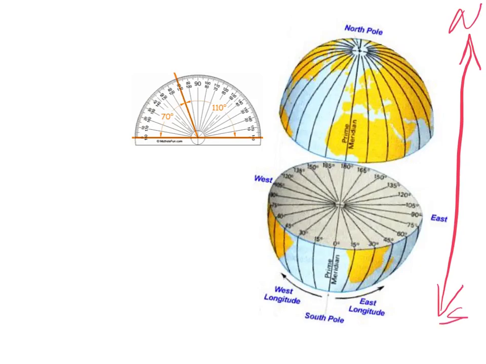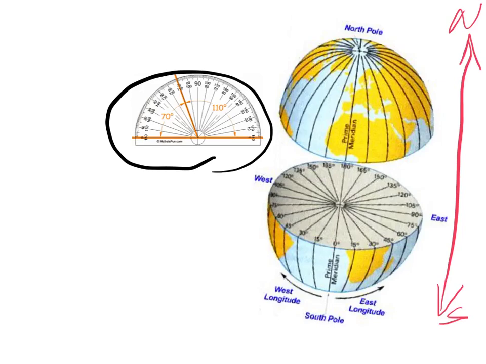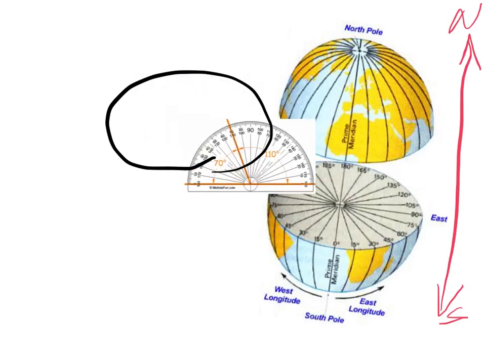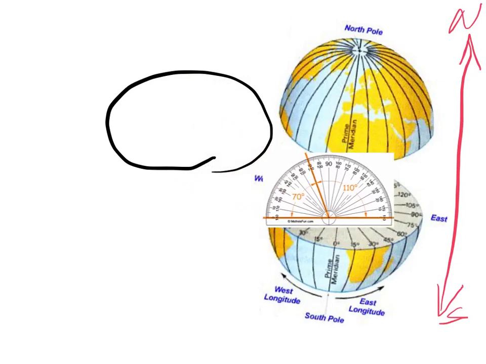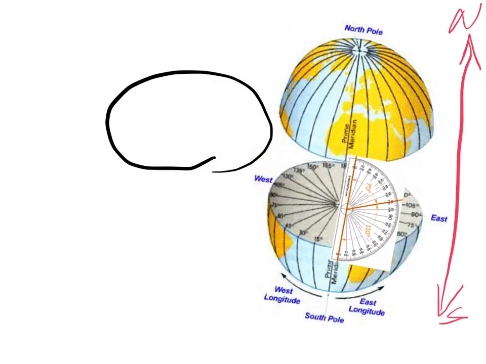But the way we're going to actually draw them on the Earth is we're going to take our protractor here, and we're going to lay that protractor down. Okay, we're going to lay the protractor down here. We're going to move the protractor over here, and we've got to spin the protractor around so it lays like this. And then you can begin to see the degrees as they come out there.